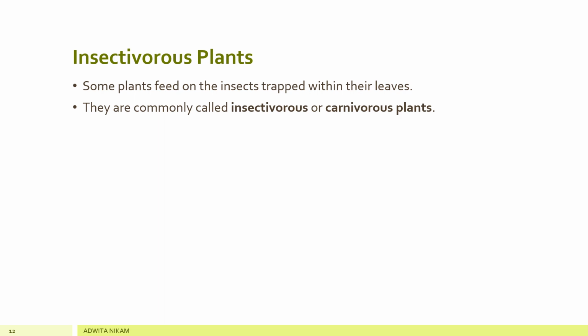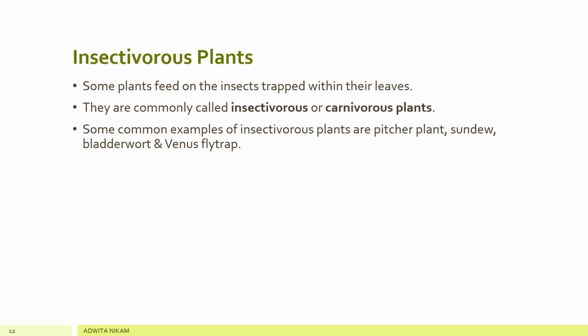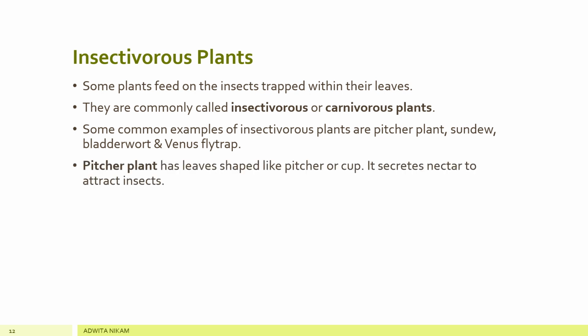Thus, they cannot obtain their nutrients from the soil. Thus, they obtain it from insects. Some common examples of insectivorous plants are pitcher plant, sundew, bladderwort, and Venus flytrap. So here in this video we are going to learn about pitcher plant and sundew.